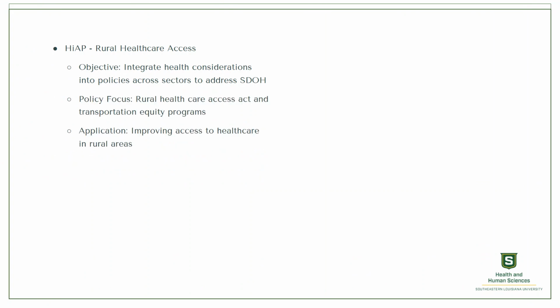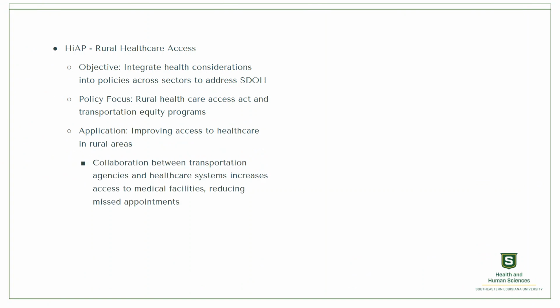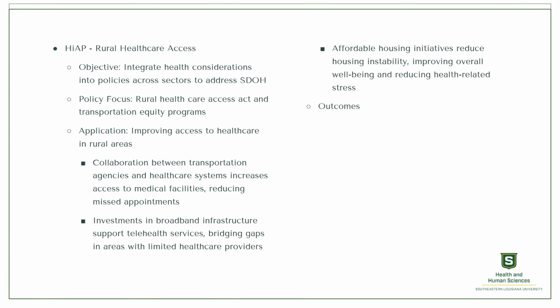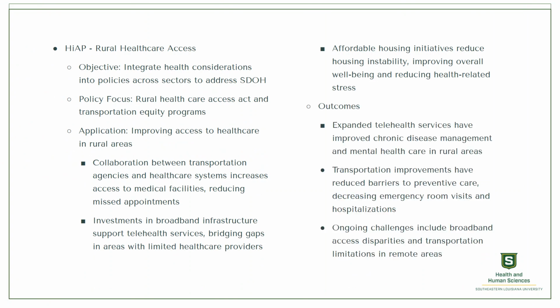And this is for the health in all policies approach. Here I'm focusing on rural health access, looking at the objective, which is to integrate health considerations into policies across sectors to address social determinants of health. Look at the policy focus, look at the applications, and also have a look at the outcomes.